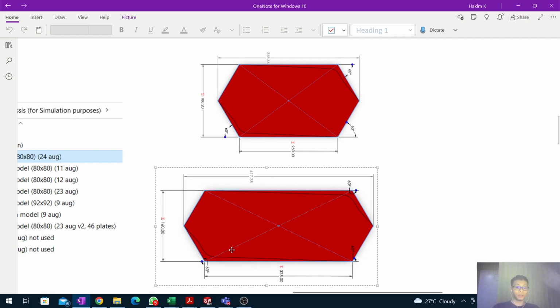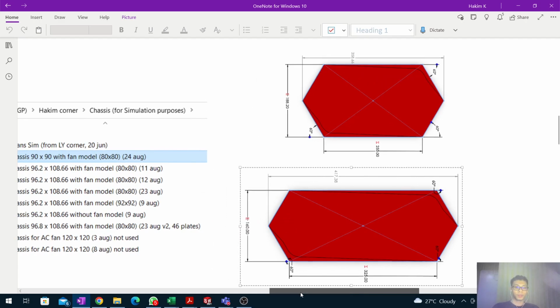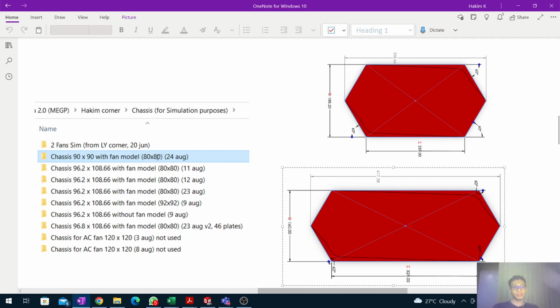I increased the length of the plate from 250 to 325 and reduced the width from 188.2 to 160. The reason why I reduced the width is because our fan dimension is only 80 times 80. So if you use a 188.2 width, it's way too much for our fans. So I guess it's better that we reduce the width while also increasing the plate length.